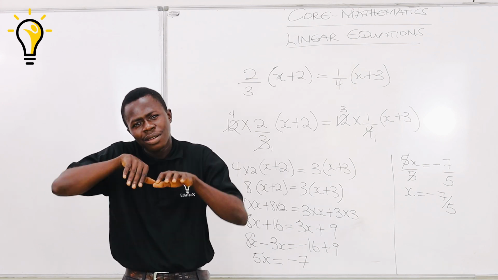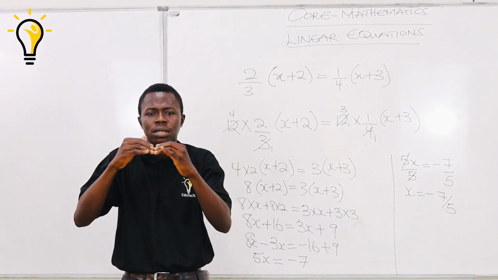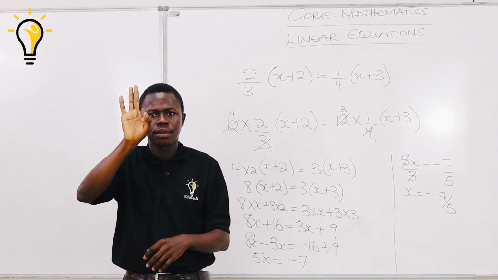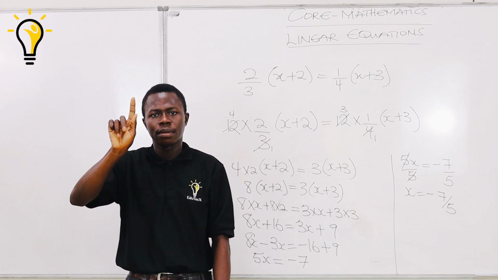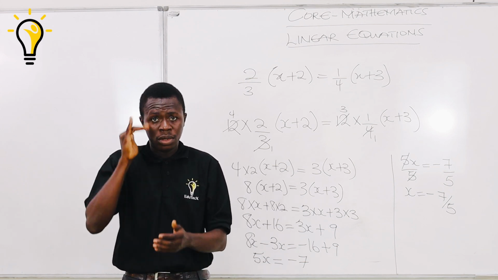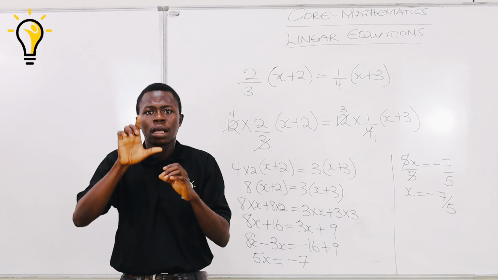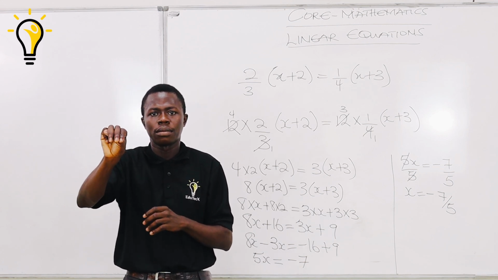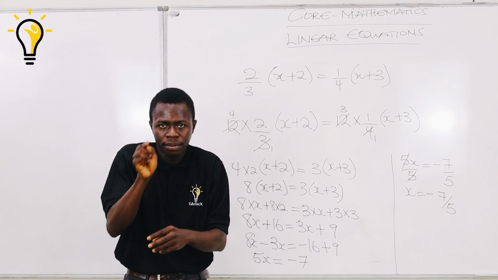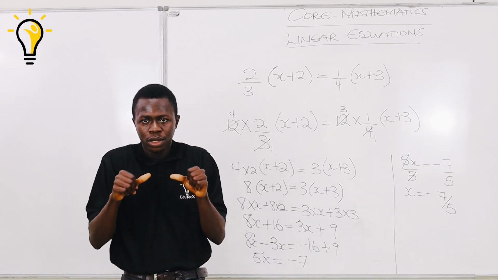So in today's lesson, what did we study about? We talked about linear equations involving fractions. And you know that the first step is to look for the LCM. Then after that, we multiply each term in the expression by the LCM.